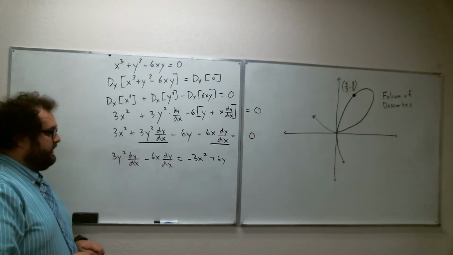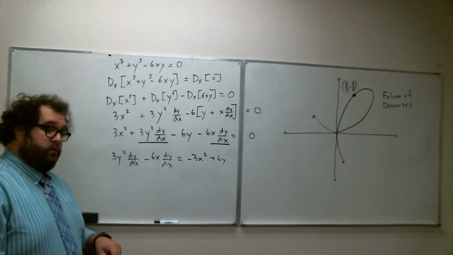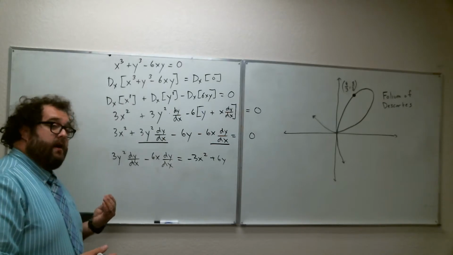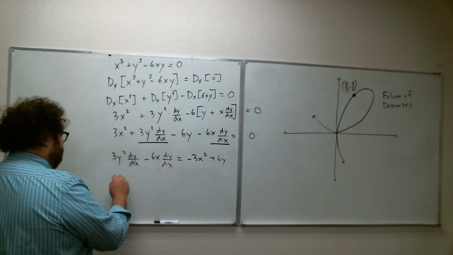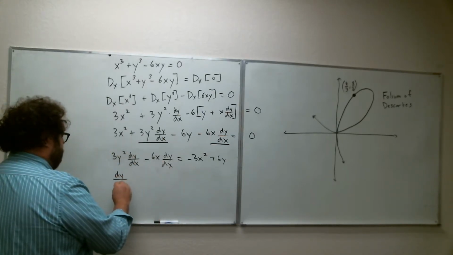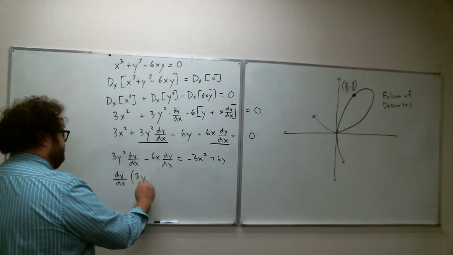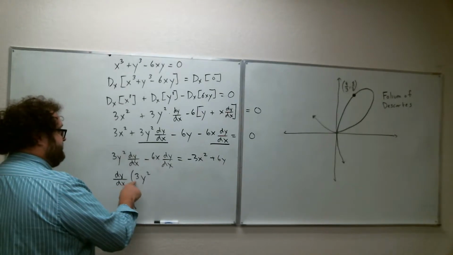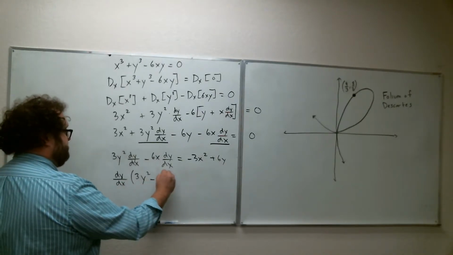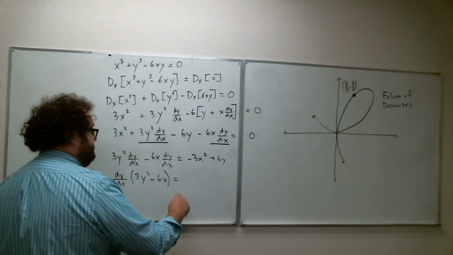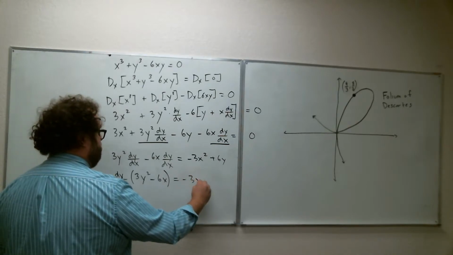Okay? Now I'm trying to solve for dy/dx, so I'm going to factor out my dy/dx's on the left-hand side. That leaves me with dy/dx times 3y squared minus 6x. The right-hand side, just leave it alone for the time being.